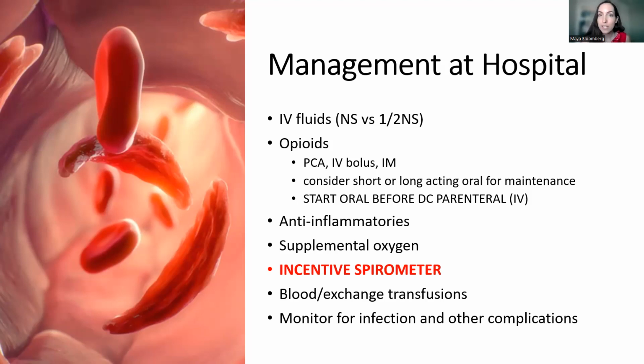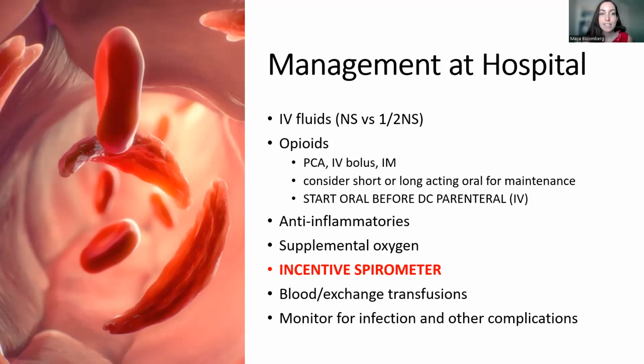And for people who don't get crises often, sometimes just taking naproxen or an anti-inflammatory at the onset of a mild pain crisis might be enough. But you do need to be mindful if you have kidney disease or peptic ulcers or bleeding disorders. So this is all general recommendations, but at the end of the day, please speak with your providers, who know the medical history and can give you more tailored individual recommendations.